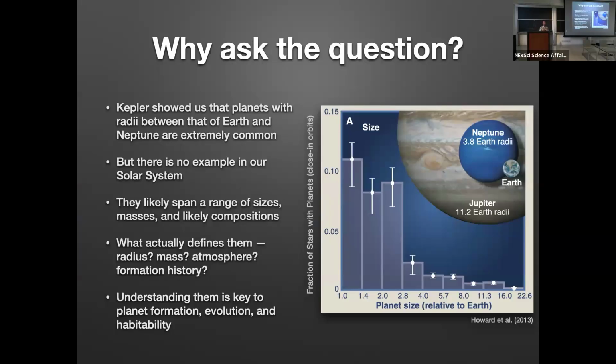So it's hard to conceptualize and visualize what these planets are. They span a range of sizes and masses and likely compositions, and we're still trying to really understand what defines this class. Is it simply a size effect? Is it mass, atmosphere, formation history? We don't really know yet, but it is clear that understanding them is key to understanding how planetary systems form and evolve.